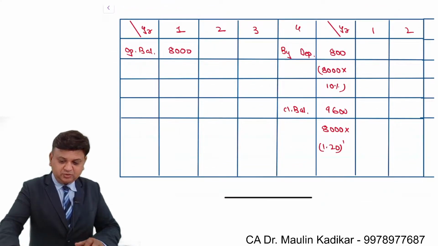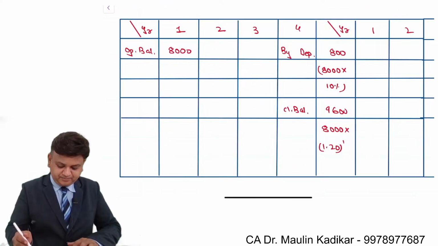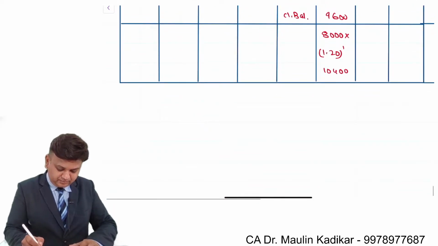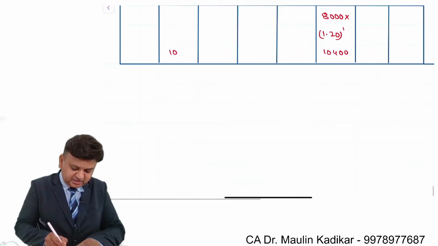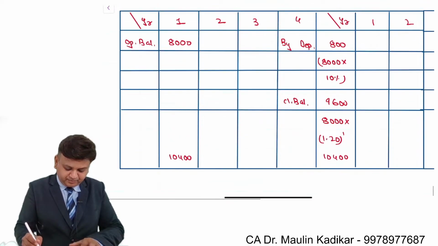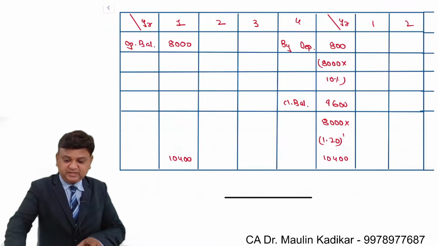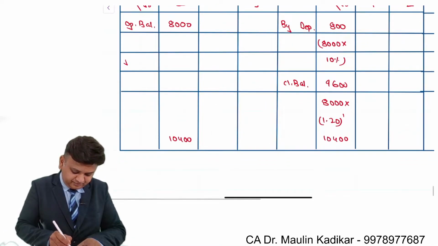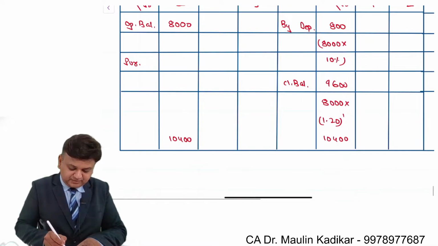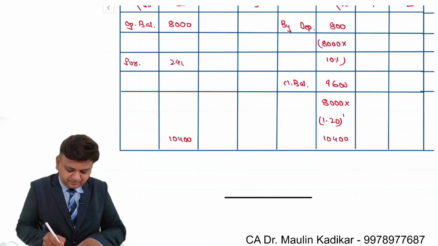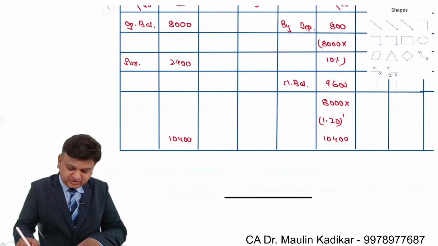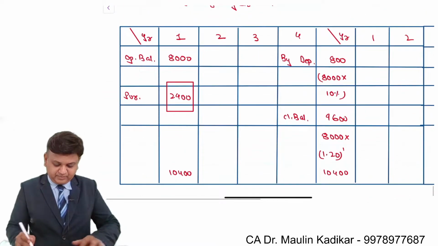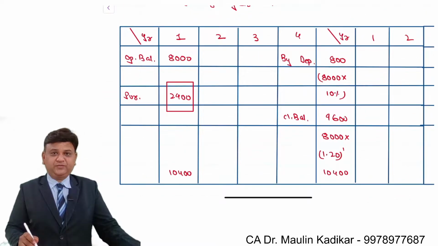So the credit side total is 800 plus 9,600, that is 10,400. Debit side total would be again 10,400. From that, the opening balance of 8,000 would be deducted to calculate the purchase. So the purchase would be 2,400. That is what we are supposed to calculate for the first year. This is the working that we have for the first year.